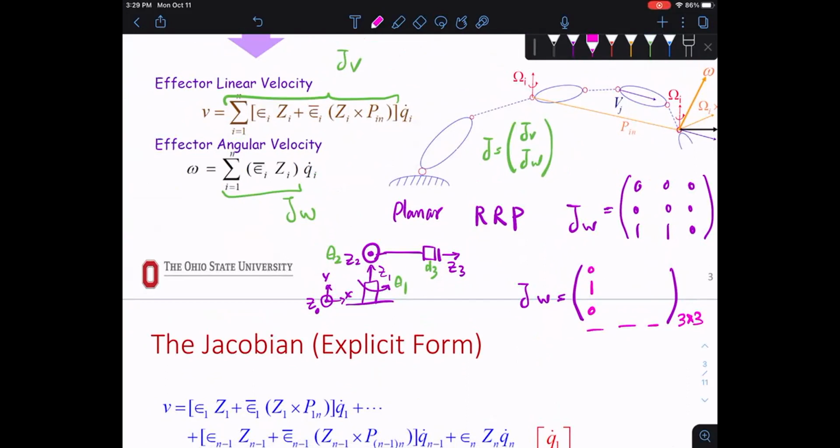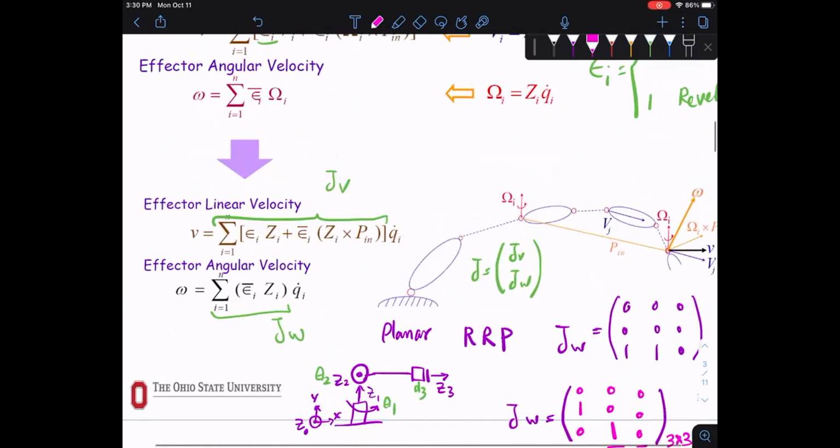Next, Ryan. 0, 0, 1. All right. Yes. Prismatic, right? You don't even think about it. So J omega is the easy part. The cool thing is once we have J omega, this is Z1, Z2, Z3, so we have part of these, right?